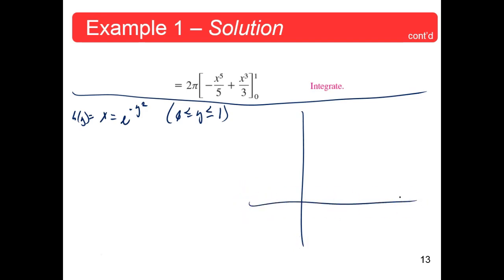Your y is going from 0 to 1, and they have graphed it here. And when y is equal to 0, what is your x? 1, okay. So this will be 1 here. They don't tell you that, but it is. Okay. And you're only going from 0, so you're going to terminate it here.